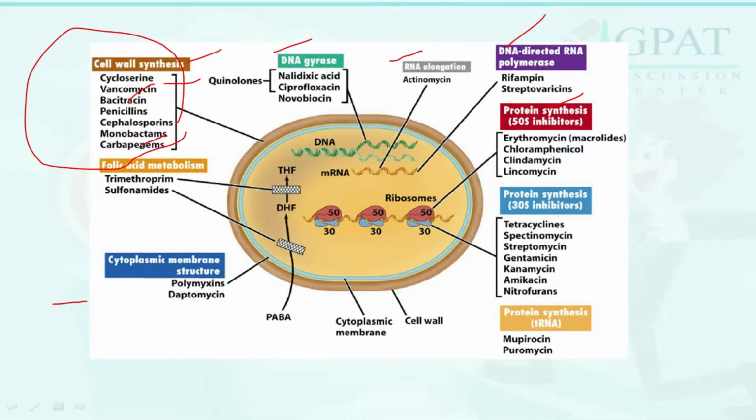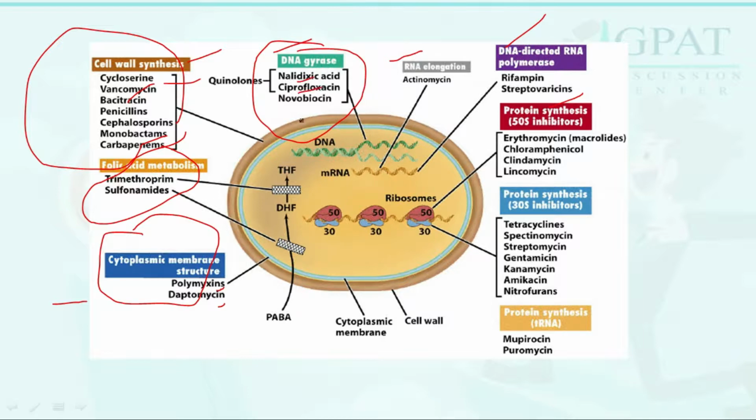The next one is folic acid synthesis, that is trimethoprim and sulfonamides. The cytoplasmic membrane structure includes polymyxins and daptomycin. DNA gyrase inhibitors are quinolones, such as nalidixic acid, ciprofloxacin and novobiocin, and RNA elongation includes actinomycin. Whereas protein synthesis inhibitors at 30S and at 50S are also given.